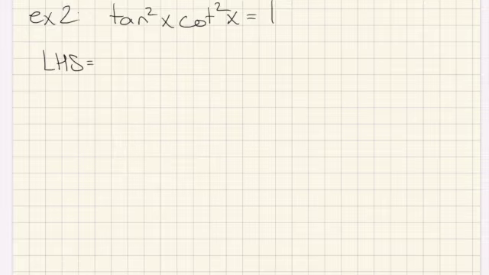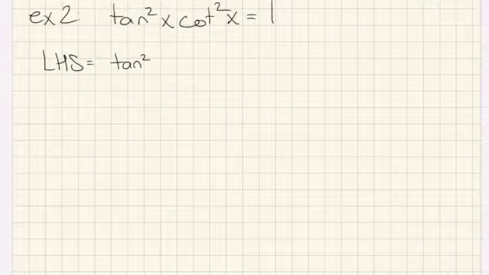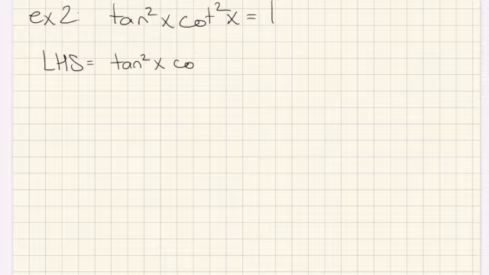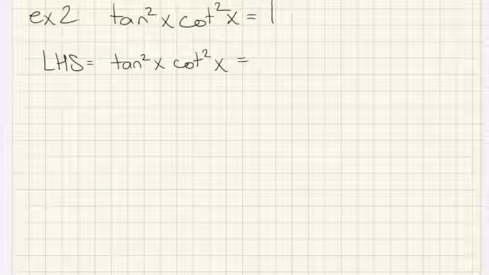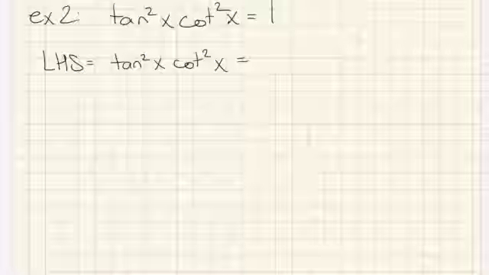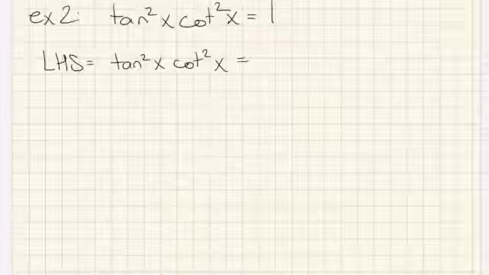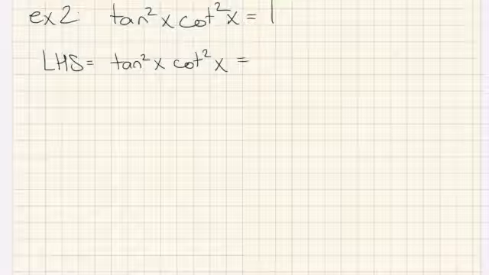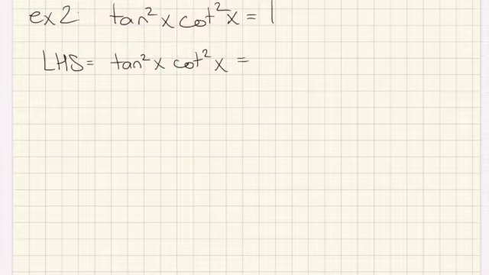So that's where we will be focusing. Now, what can we do with tangent squared of x times cotangent squared of x? It doesn't look like there's any identities clear here, so we can turn everything into sine and cosine.